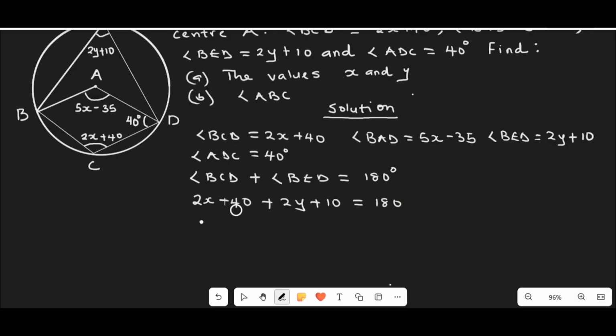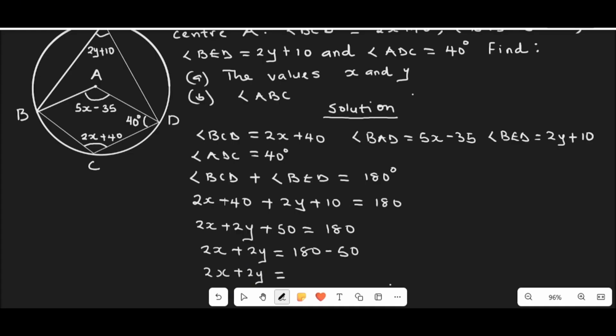So 40 plus 10 will give us 50. 2x plus 2y plus 50 equals 180. So let us transpose 50 to the right hand side. We are going to have 2x plus 2y equals 180 minus 50, so 2x plus 2y equals 130.